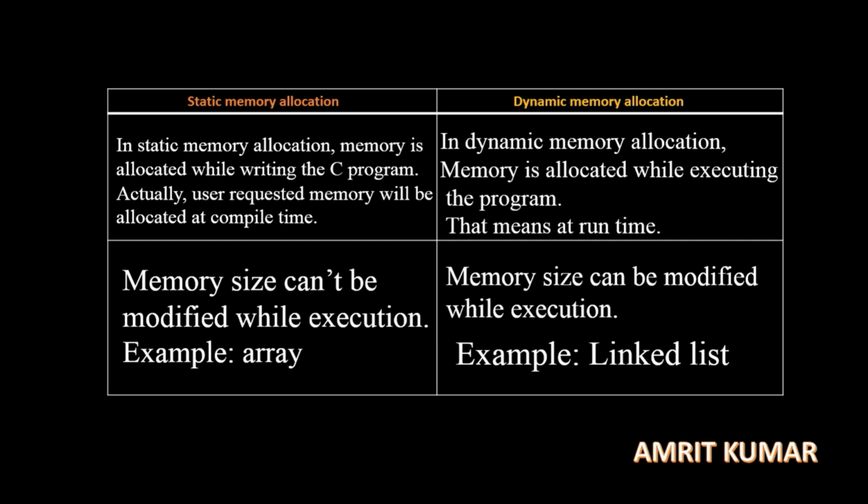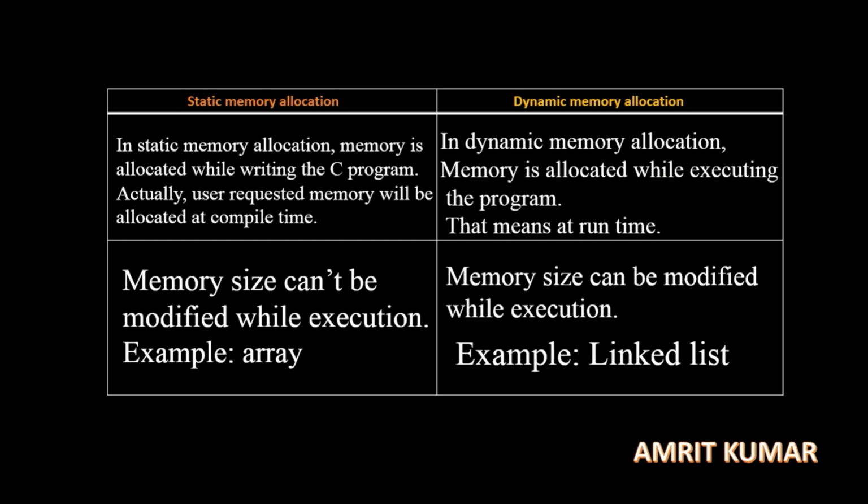If you create an array, you have to specify its size, and that is the main demerit of static memory allocation, that memory size can't be modified later on during execution. In dynamic memory allocation, memory size can be modified during execution, and you can see the example of a linked list. In a linked list, or dynamic memory allocation, you can modify the size while execution. So this is the difference between static and dynamic memory allocation.